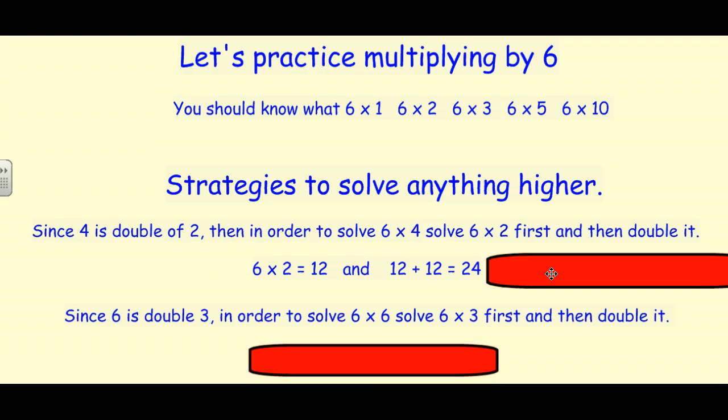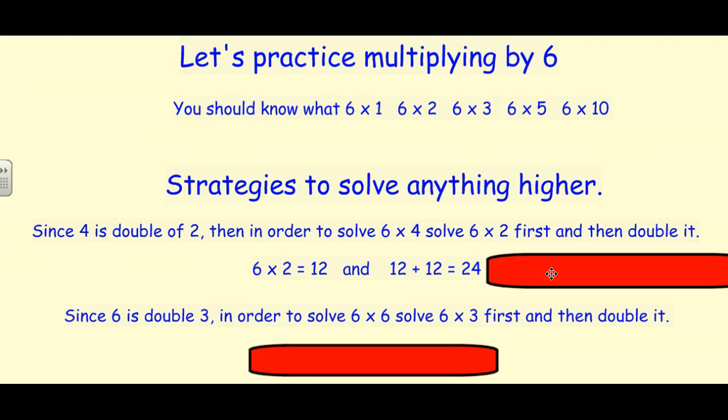So anytime you see a multiplication equation and it has something times 4, solve it multiplying by 2 first and then double that answer. And the next problems that we're going to be working on are working with doubles as well. So let's move on to this next one.